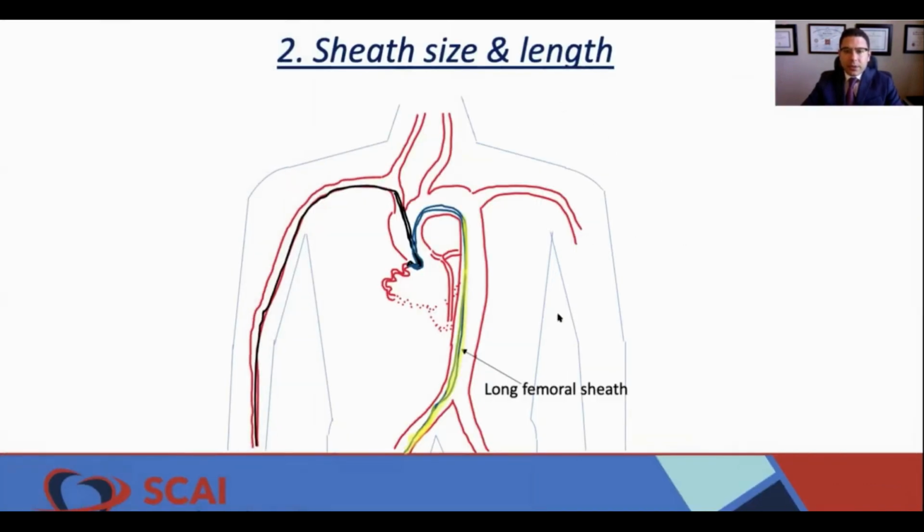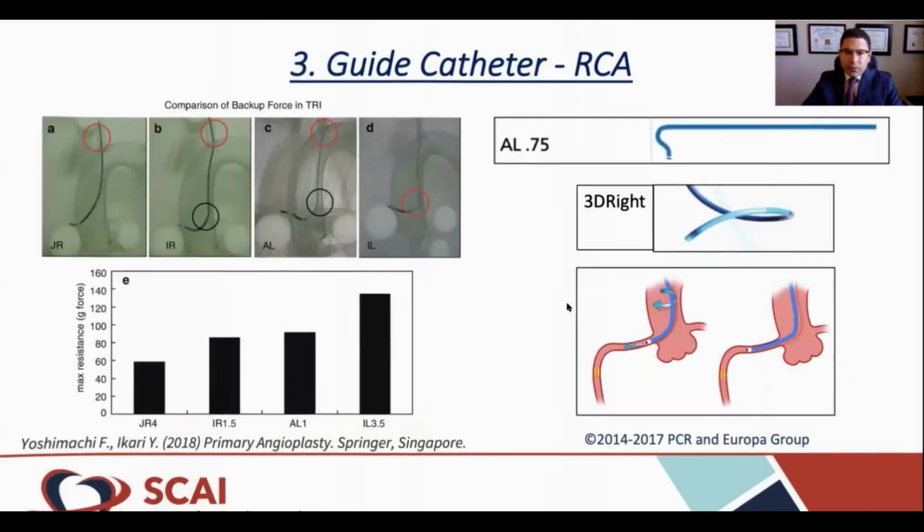Now, the sheath length is something that's pretty much known by the femoralists, but radialists now have long sheaths that they can use for support, and this is one of the main factors to compensate for lack of support in radial access.